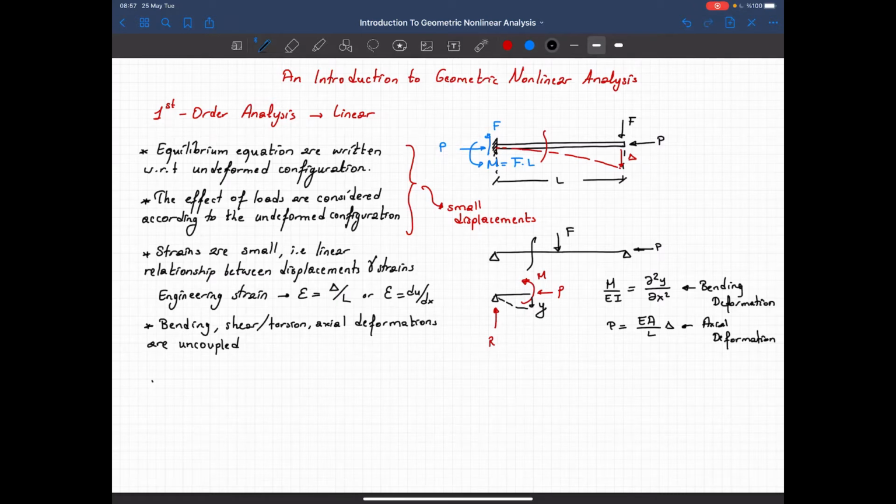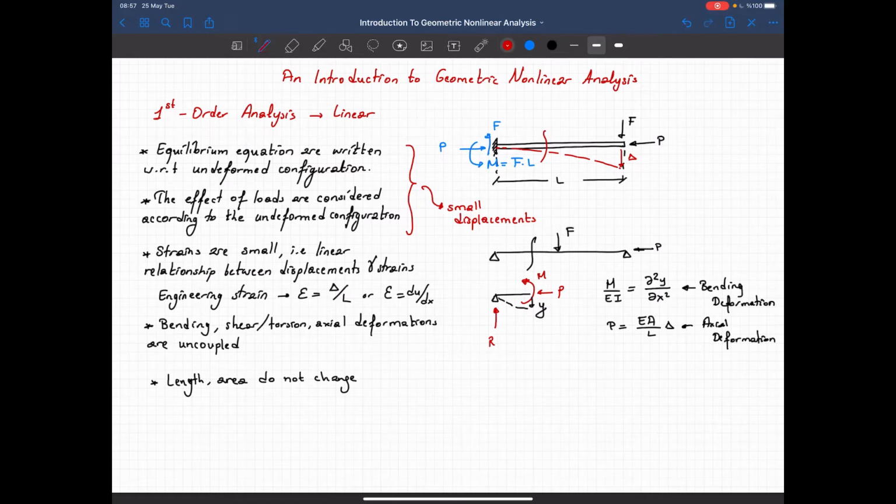The other thing that we say is length, area, or any other sectional properties don't change with deformation. They don't change. So we are using the initial length, initial area, and everything.